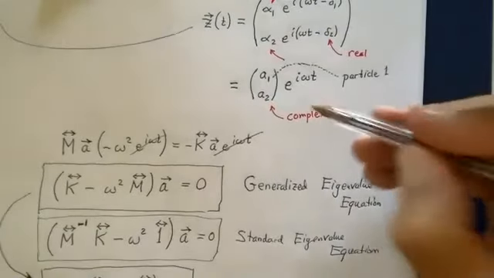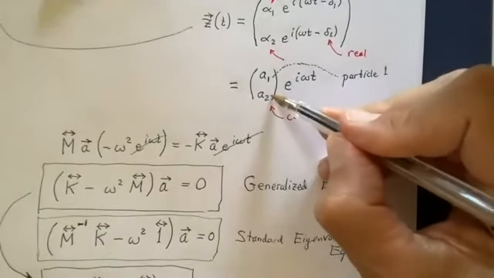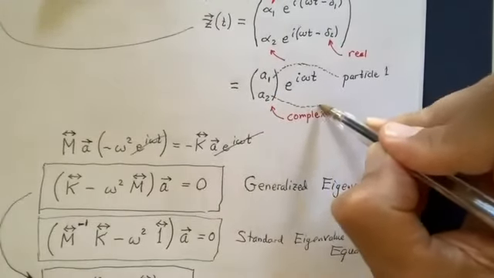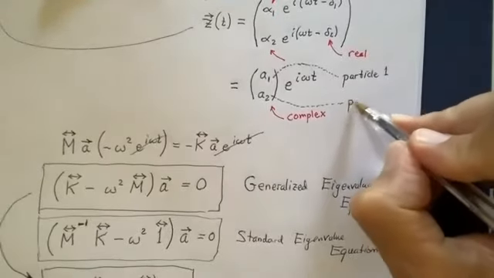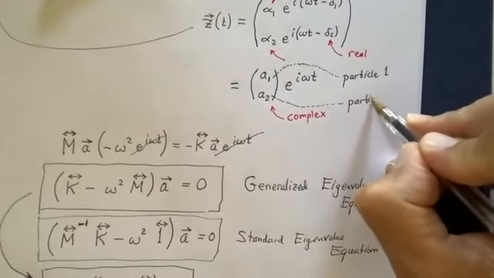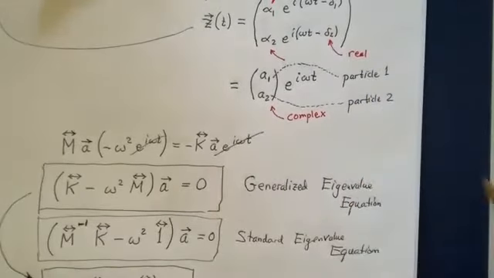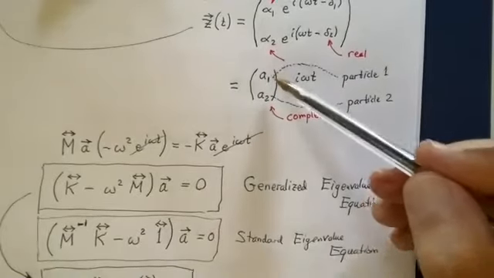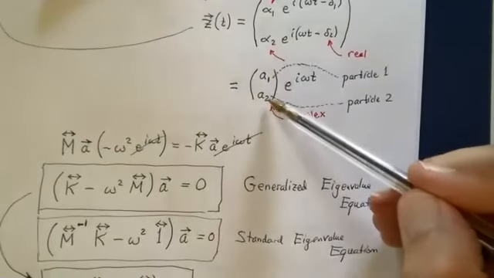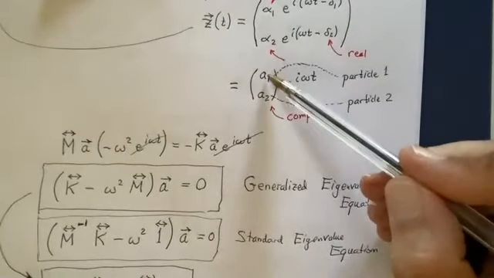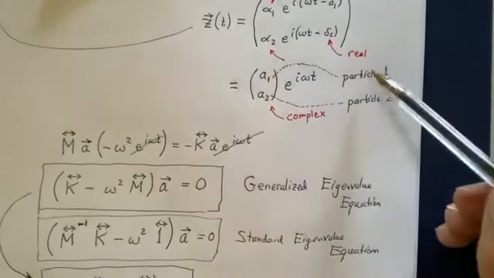Okay, and this is for particle 2. Right. So at this point in the discussion, we have an A1, we have an A2, and this is the amplitude, the complex amplitude for particle number 1.